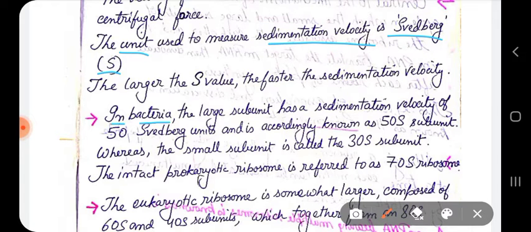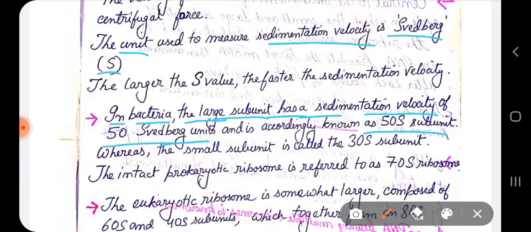Now in bacteria, the largest subunit has a sedimentation velocity of 50 Swedberg units, and that's why it is named the 50S subunit. So in bacteria, which are prokaryotic organisms, the large ribosomal subunit has a sedimentation velocity of 50 Swedberg units.